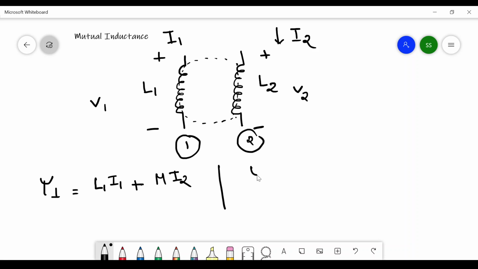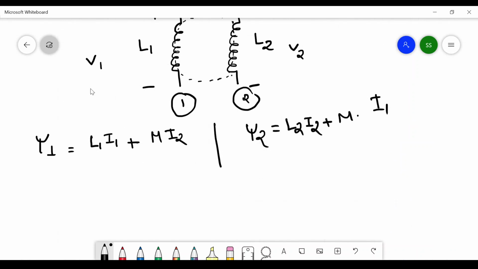Similarly, for coil number 2, the total flux linkage will be L2 I2, that is for the self inductance, plus some constant into I1.